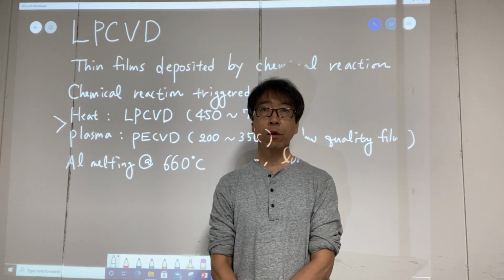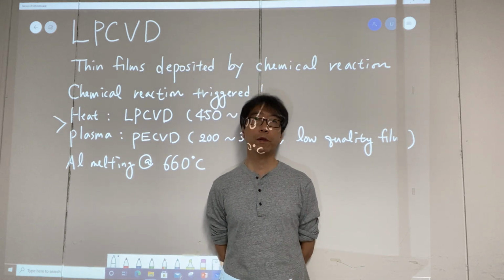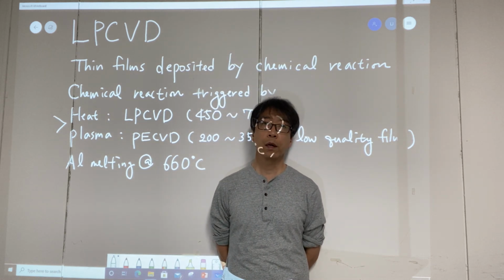And even though aluminum doesn't melt at, for example, 400 degrees Celsius, maybe 500 degrees Celsius, its characteristics start changing from 300 degrees Celsius already. So you don't want to put your wafer with aluminum pre-deposited on it into the furnace where the temperature is 450 degrees Celsius.